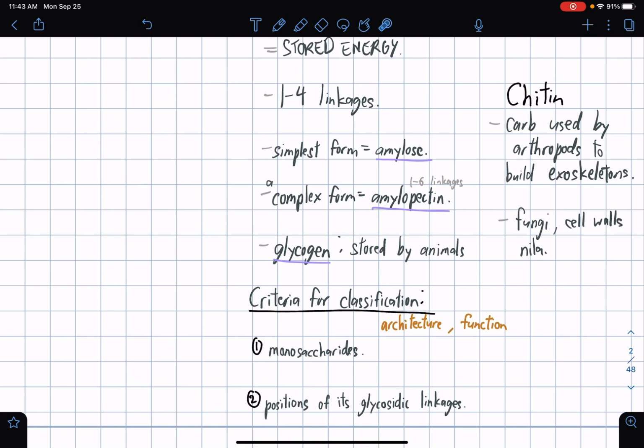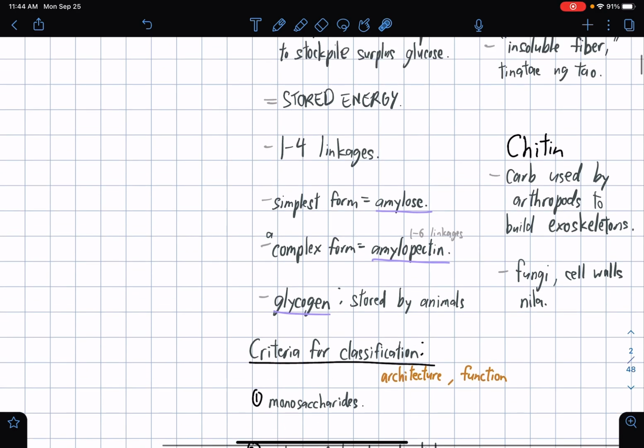The reason why amylose is healthier than amylopectin is something associated with the idea that when you consume amylose, you have higher resistance to starch, if I'm not mistaken. So yeah. Another thing is that glycogen, this is for animals.